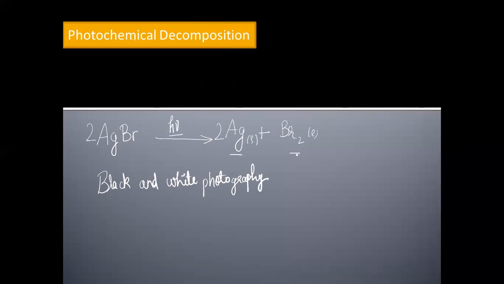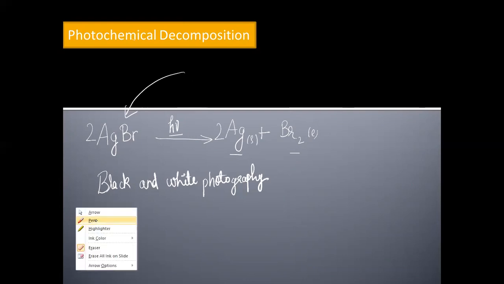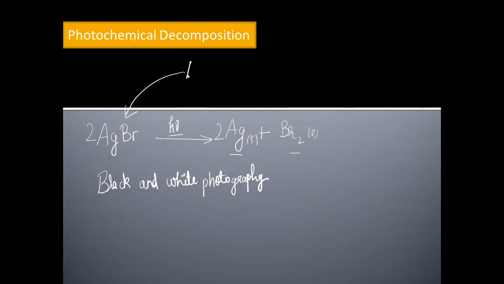Formation of Ag and Br2 occurs. It means you are providing energy to the substance, the reactant. Which form of energy you are providing? Sunlight in this case. In the previous cases, electricity you were providing, even heat you were providing. So all those reactions were endothermic reactions.